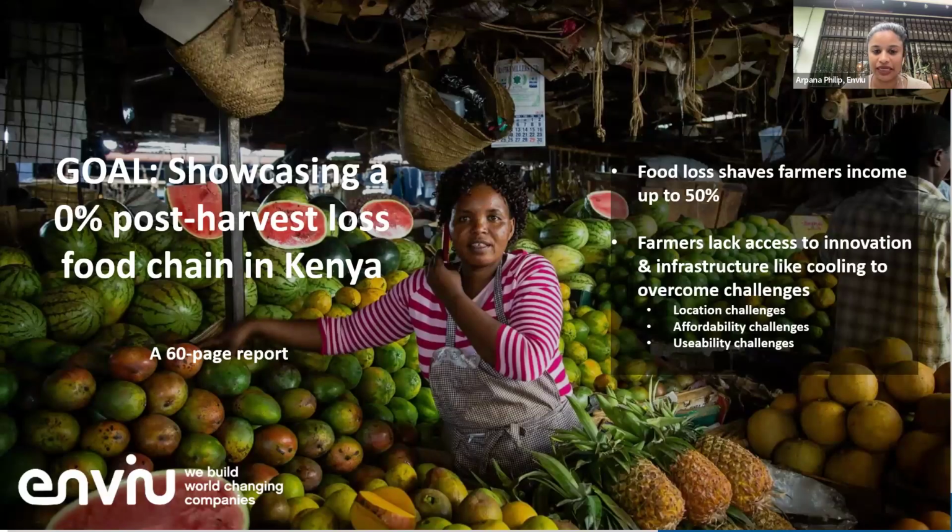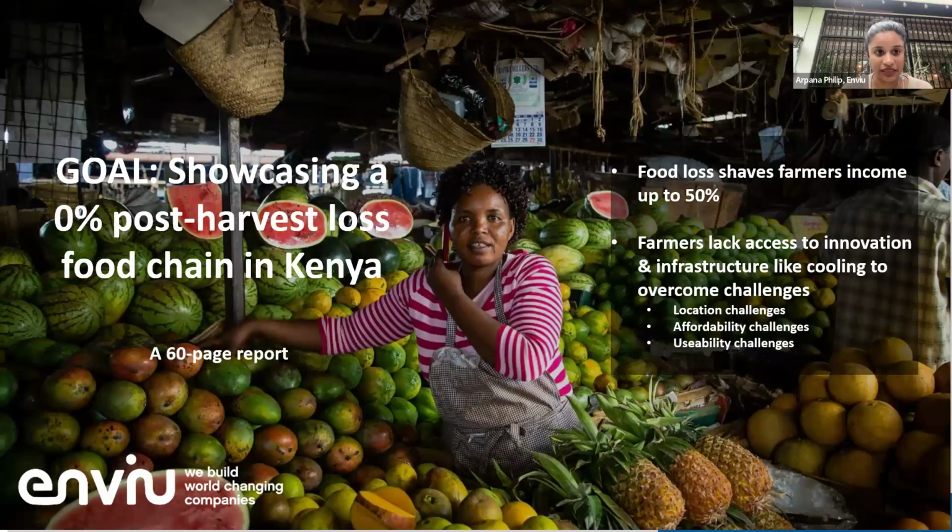The example I want to take to demonstrate our approach, but which also ties in very nicely with our topic, is our post-harvest loss program. We initially set out to unpack the food system in Kenya and where it could see an intervention, and we looked at post-harvest loss as a potential low-hanging fruit that we could intervene in.